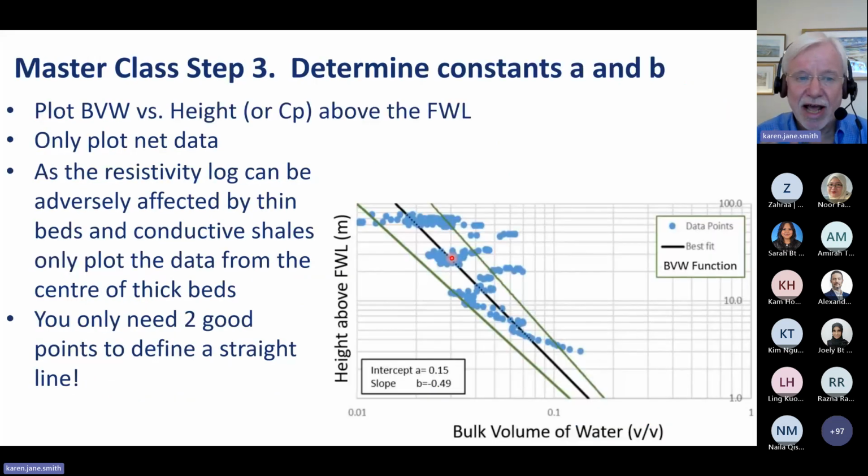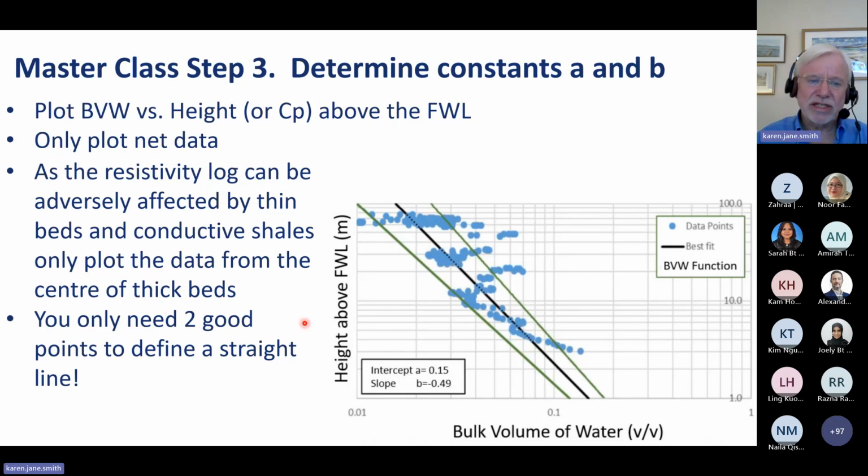So this is the last main slide of the masterclass. We're plotting our BVW against height or capillary pressure above the free water level, which we've defined. We only plot the net data, and we plot it on log scales. So the complexity goes; it's a simple curve, and the curve in log space is a straight line here.